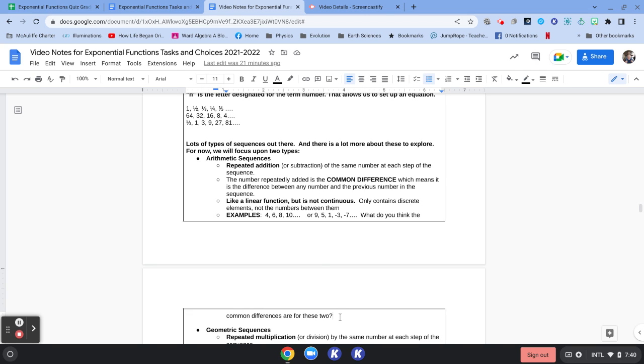So the equation for this first one, we can just say 4 plus our common difference, which is 2. And then what we need to do is come up with a way to multiply that 2 times the index of the sequence. Well, if I multiply 2 times 1, I'm going to get 4 plus 2, which will be 6, which gets me the second number.